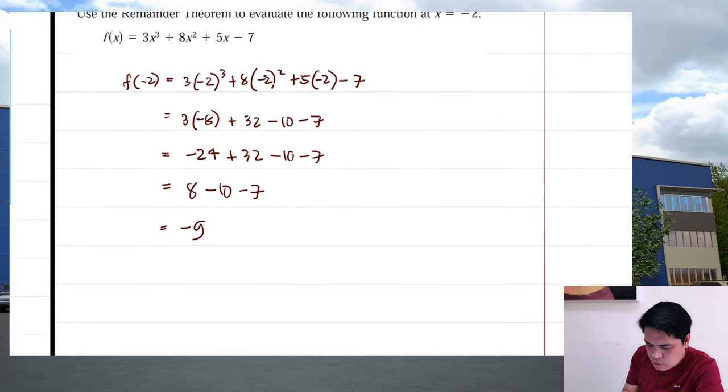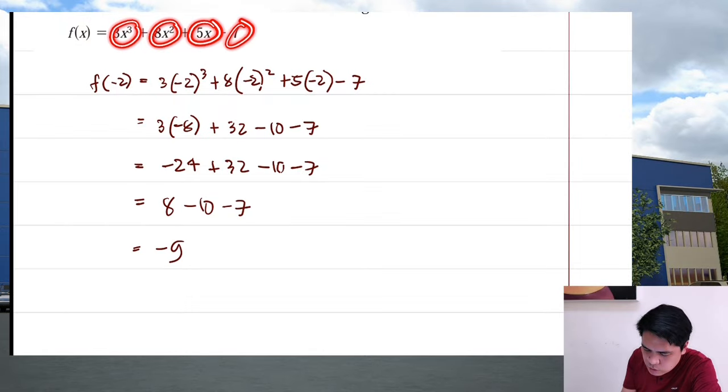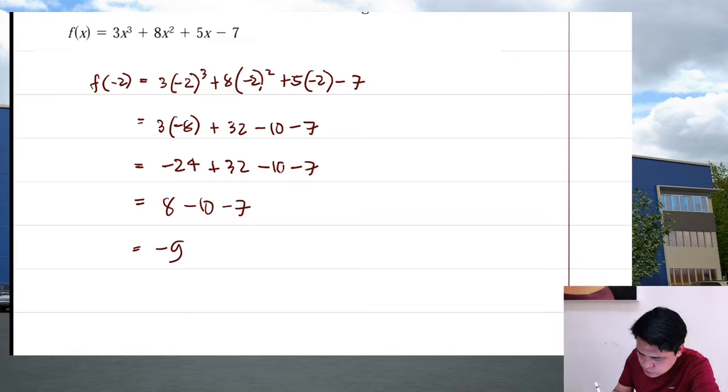Let us check kung by synthetic division if the remainder is negative 9. So let me do that here. Ito yung function natin, again, cubed, squared, raised to 1, and raised to 0. So, yung coefficients niya, isulat natin, that's 3, 8, 5, and negative 7.